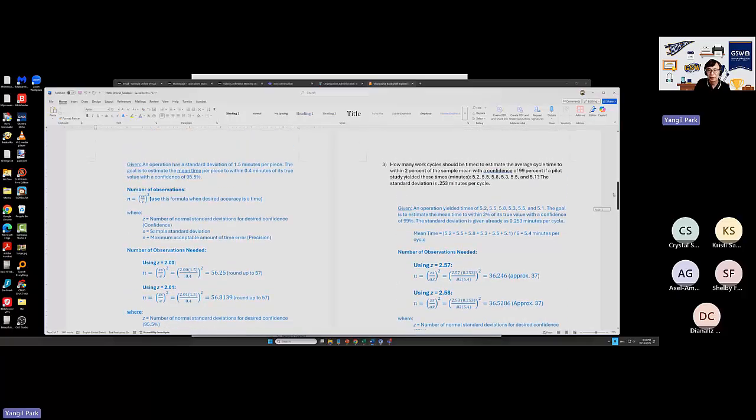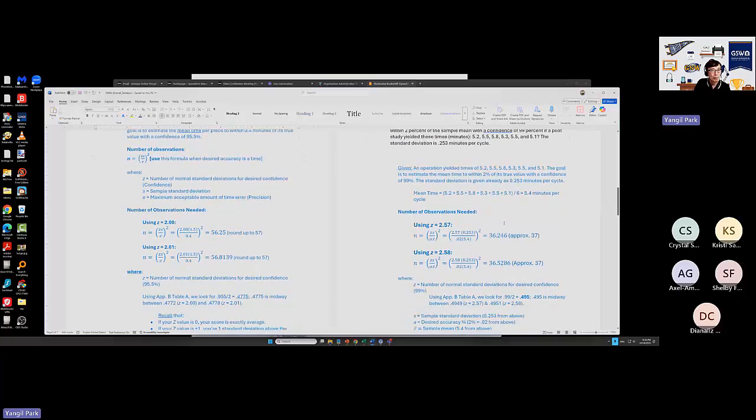Question number 3 is very similar, but this time we're going to use the same formula. However, in question number 3, one of the variables is unknown. For example, we don't know this margin of error.